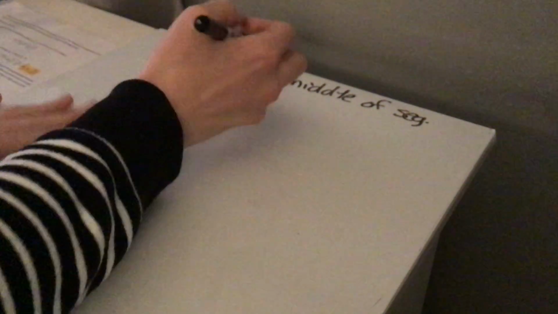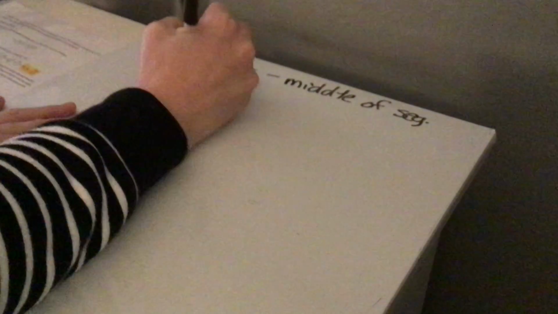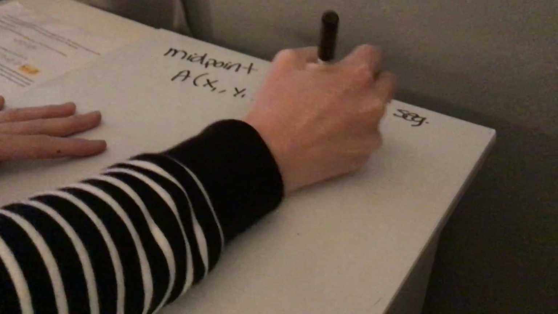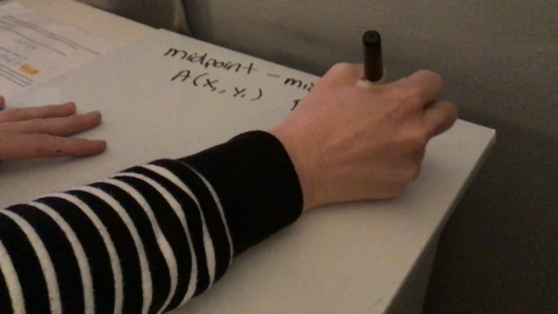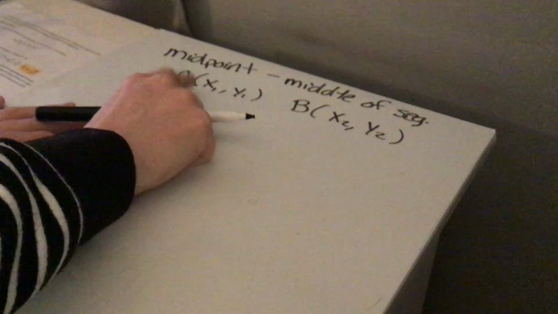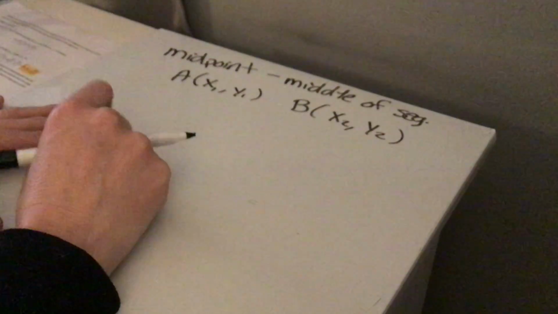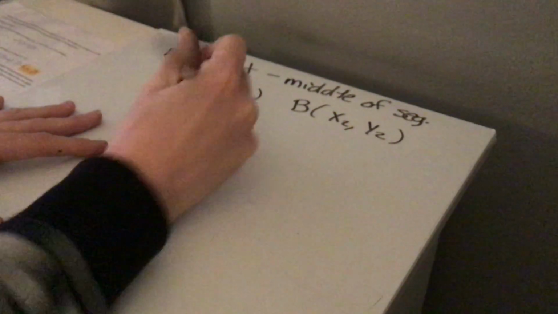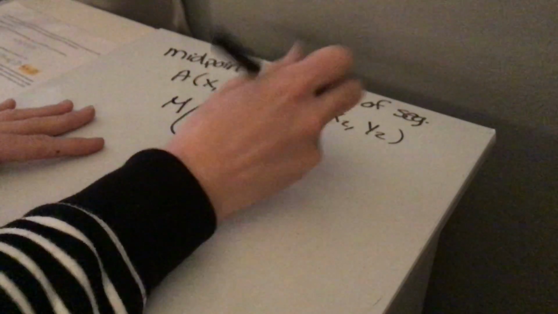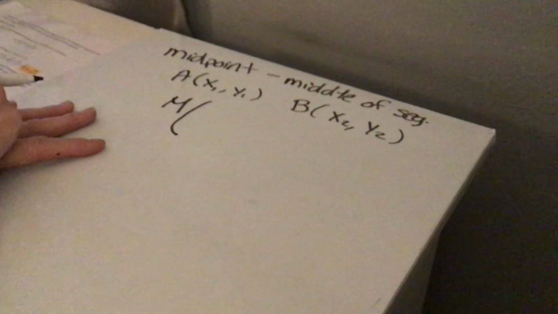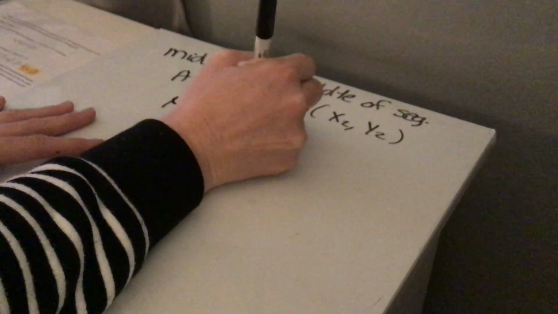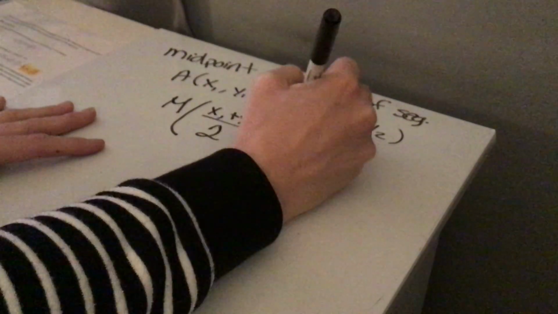So the midpoint formula just says if you have a line segment joining 2 points, A and B, each with an x coordinate and a y coordinate, then the midpoint, if the midpoint is the middle, it's like an average, right? So you find the average of the 2 points. An average is you add up the values and divide by how many there are.